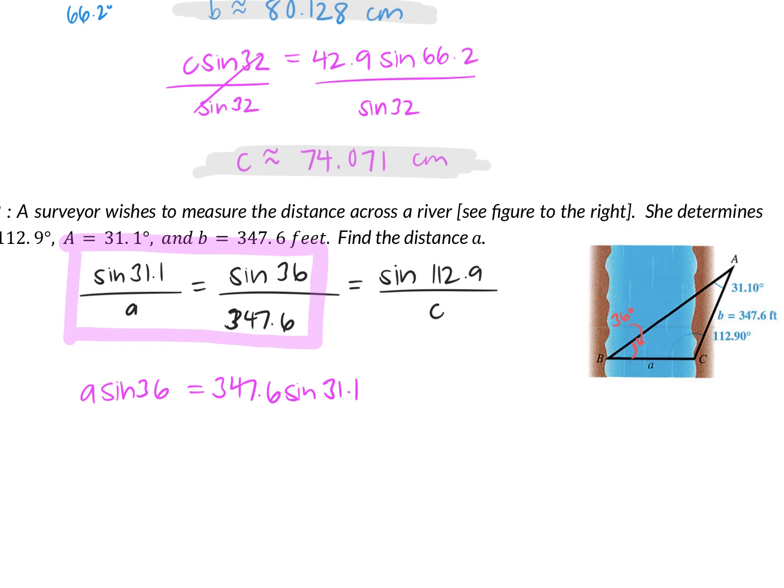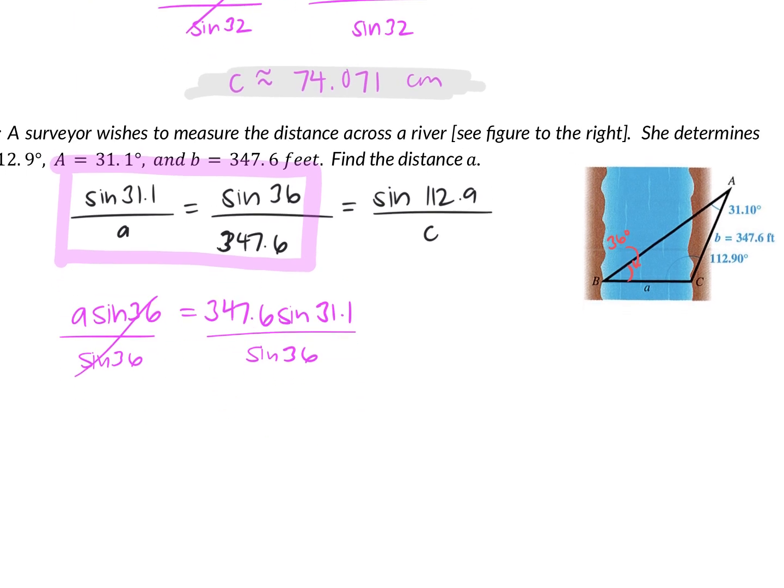Otherwise, when you type it after, it might also include it in the sine function. And then if I want to get A by itself, I'm just going to go ahead and divide both sides by sine of 36. And my distance A here should approximately be 305.464 feet.